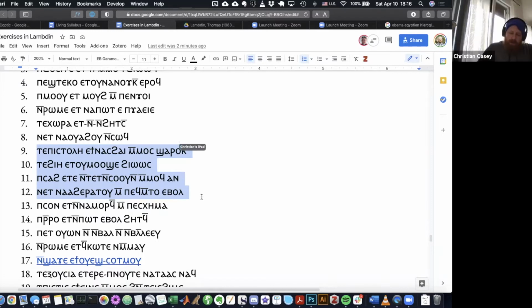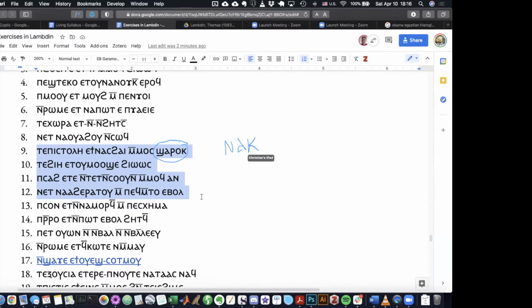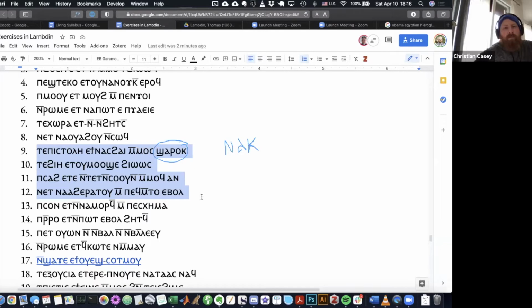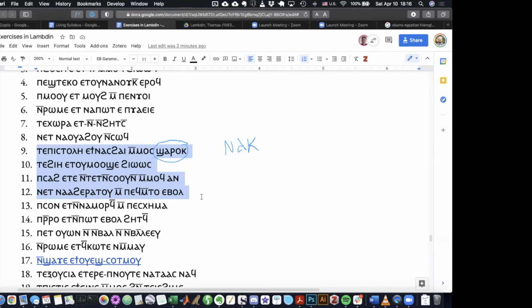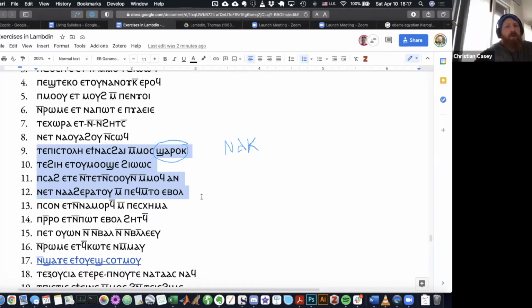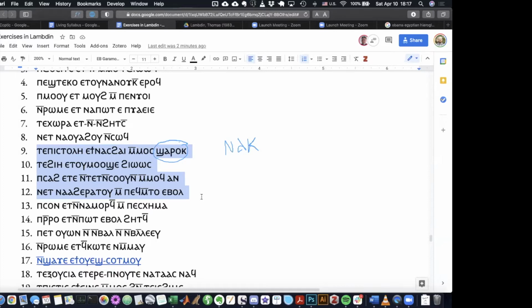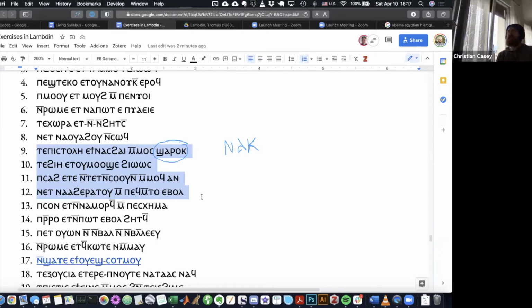What's the difference between sharok and nak? Sharo is more directly towards the person, I think. Actually, other way around. Knock is more immediate and direct, and sharok is like adding a little distance. Sort of towards the person instead of for them or directly to them. This is actually going to be hard.